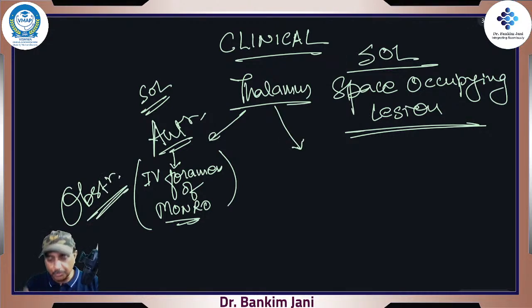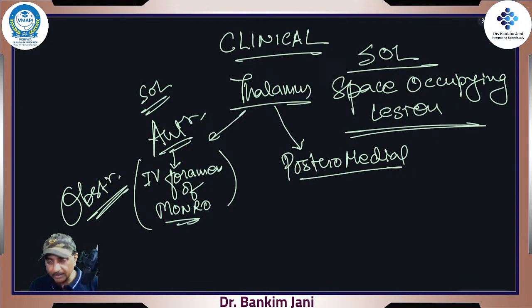When it comes to posteromedial, remember, the third ventricle was just on the medial aspect. So the medial wall of both the thalami is in fact forming the lateral wall of the third ventricle, and in between the interthalamic adhesions are going.